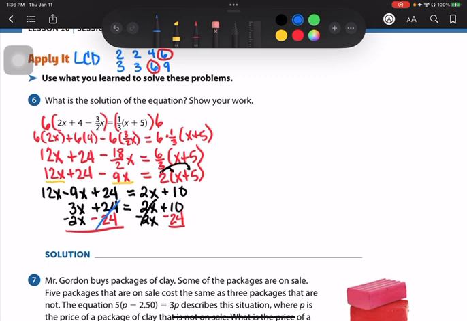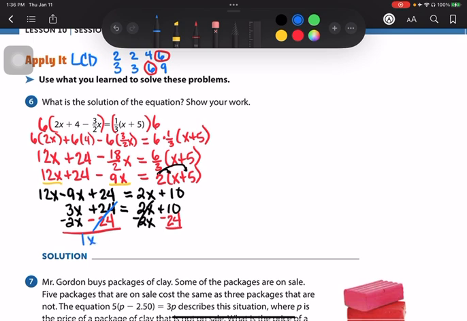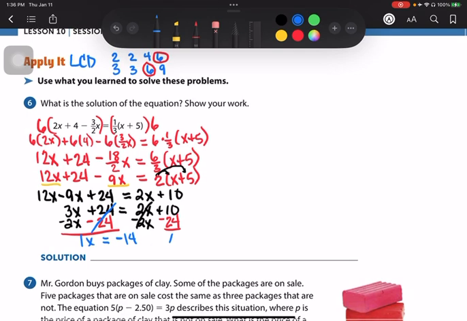And I'm left with 1x equal to negative 14. So therefore, x equals negative 14. Okay? So that's if I got rid of the fraction.